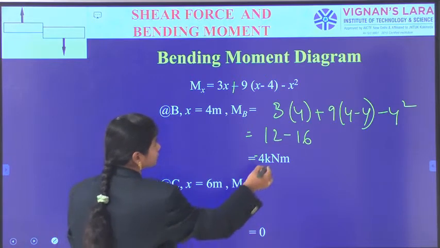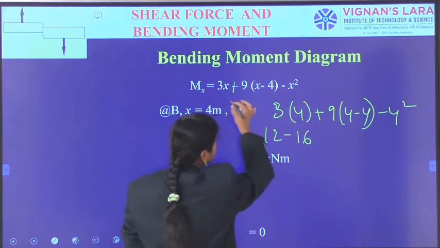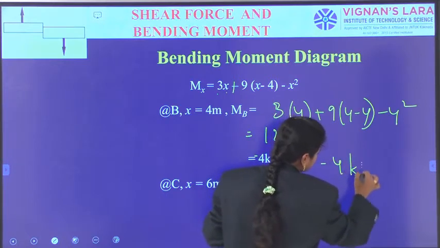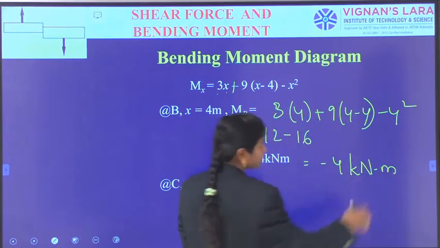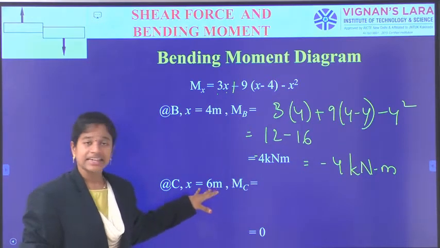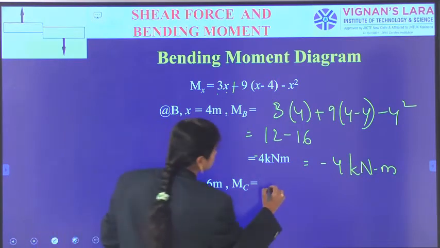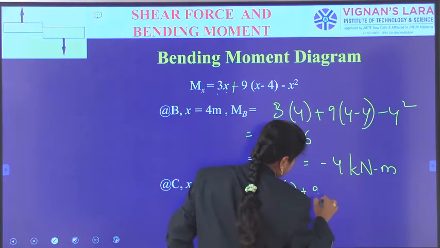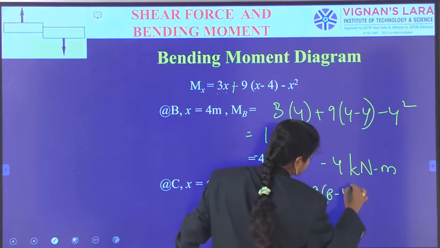So 3 into 4 distance is equal to minus 4 kilonewton meter. And then the bending moment at C: 3 into 6 plus 9 into 6 minus 4.